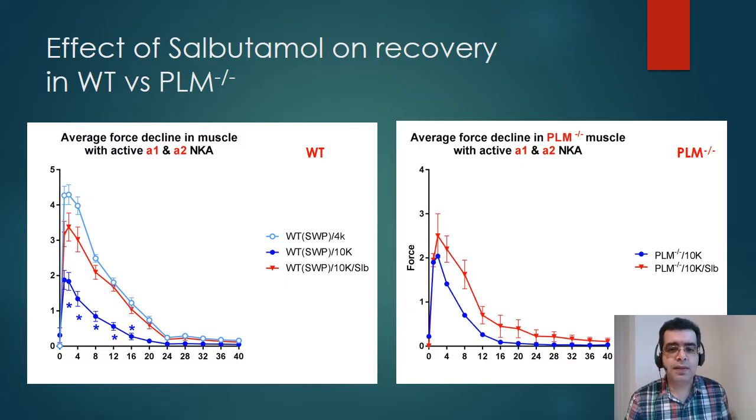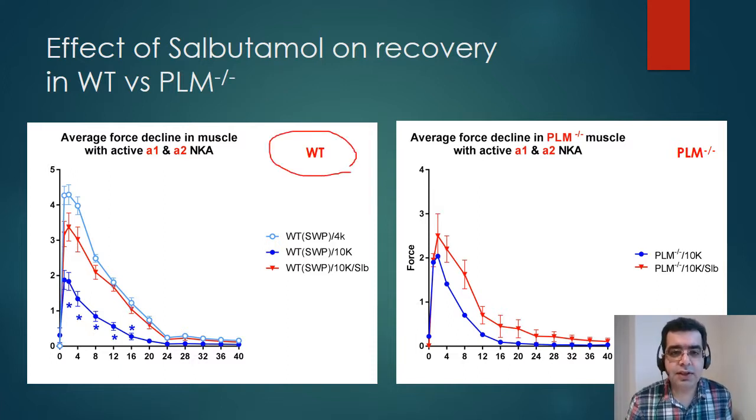On this panel here at the left hand side, these blue lines represent muscle performance after high potassium stress. The red line is muscle contraction after treatment with salbutamol.